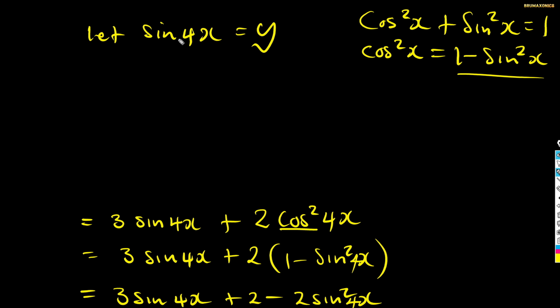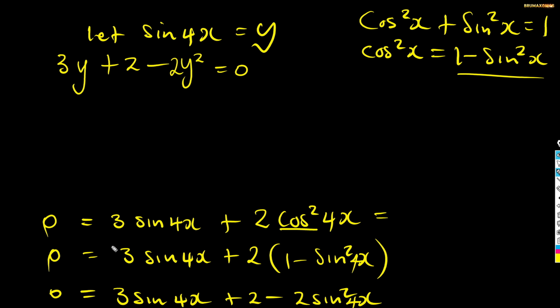So I'm going to let my sine 4x equal y, and then we're going to have 3y, plus 2 minus 2y squared, which is equals to maybe 0. Everything here equals to 0, remember, right? So now, since I have this, I can come here and say this will definitely be as follows, right?